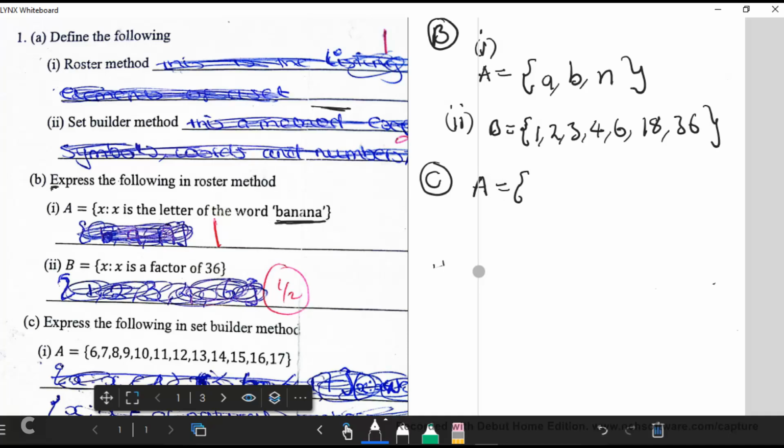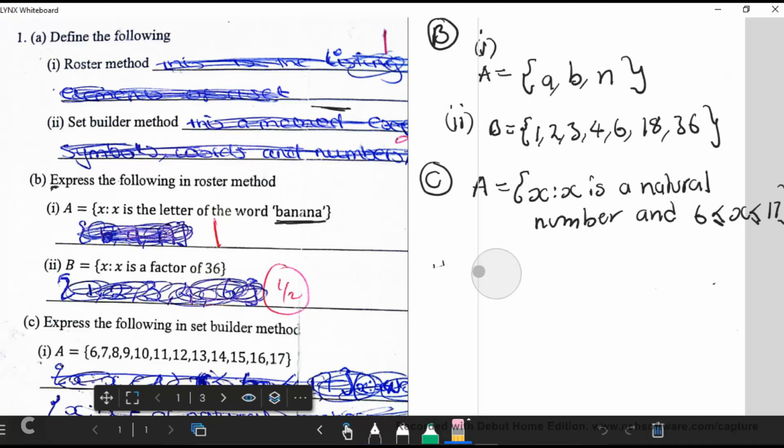So it's supposed to say X is such that X is a natural number, and you have to write the range. It will be from 6: X is such that X is greater than 5, and X is less than 18, like this. So this is the range. So this is how you solve this question.